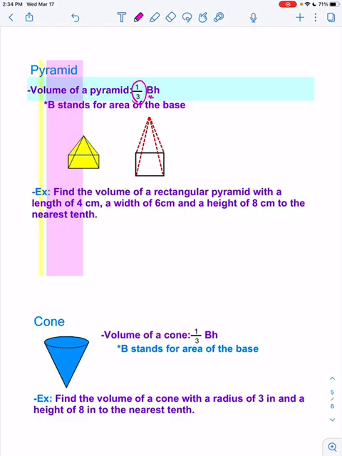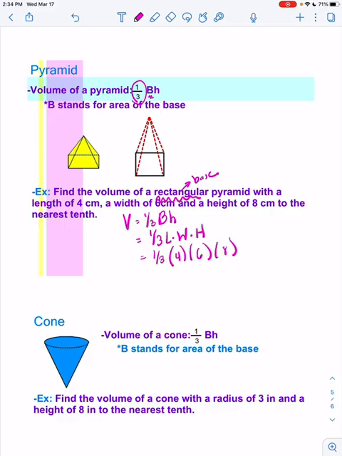So let's take a look at a quick example. Find the volume of a rectangular pyramid. So rectangular is telling me the shape of the base with a length of 4, a width of 6, and a height of 8 to the nearest 10th. So again, 1/3 area of the base times height. Well, the area of a rectangle is length times width, times height. 1/3 times 4 times 6 times 8.